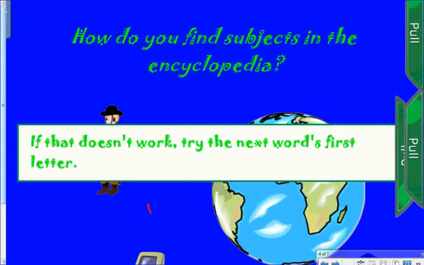Looking at the encyclopedia in my hand, it is a J and K encyclopedia. So let's say I wanted to find information on Andrew Jackson, who was a president. Okay, Andrew Jackson.